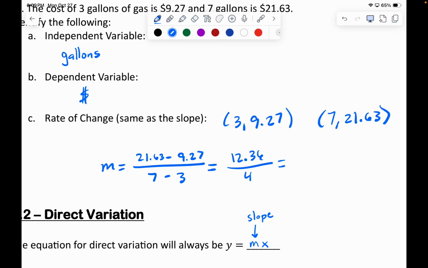And now since this one already has decimals in it, I would just take this and divide it out normally and get whatever I get. So what do we get when we divide 12.36 by 4? No, you don't. 3.09 is what you should get. Yeah, 3.09. 3.09 what?